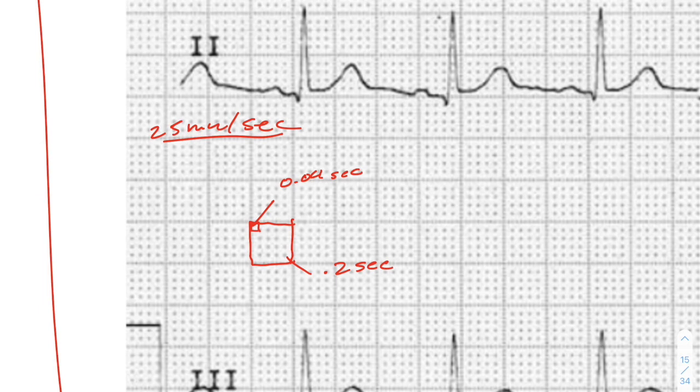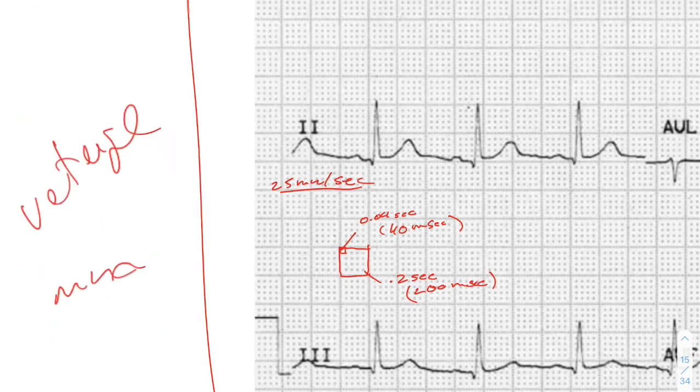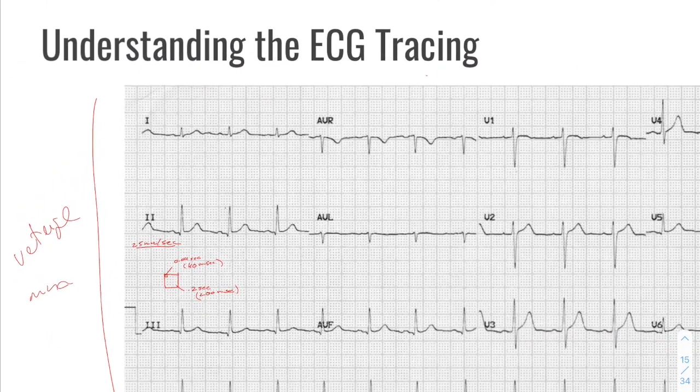If you are converting to milliseconds, this is the same as 40 milliseconds, and this is the same as 200 milliseconds. So hopefully that helps determine a little bit about our time. Doing the math, 5 of these large boxes equals 1 second of time, and this is really going to be helpful when we're determining rate in just a little bit.